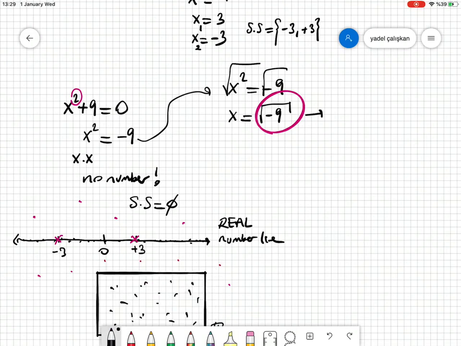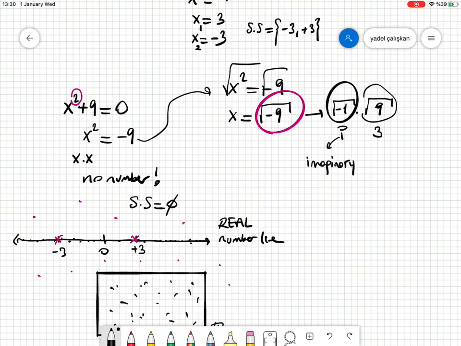But firstly, we should write these numbers such as square root of minus 9 and square root of 9. Square root of minus 9 can be set as i. Square root of 9 is 3. Why do we set this i? Because imaginary is i.